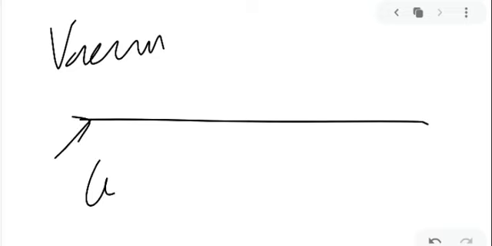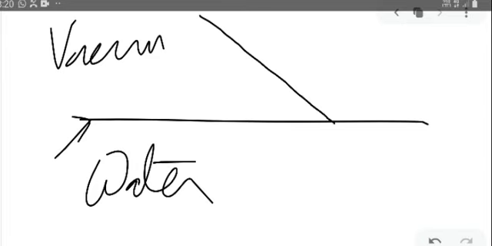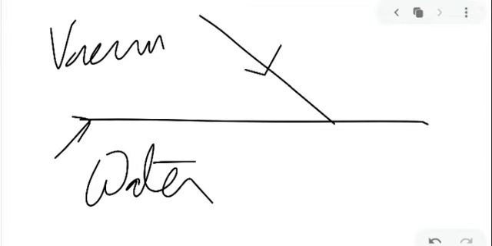Also, see, if there is vacuum here, and this is your interface, and there is water. As light comes from vacuum to water, at this point there is no acceleration, so there is no deceleration.